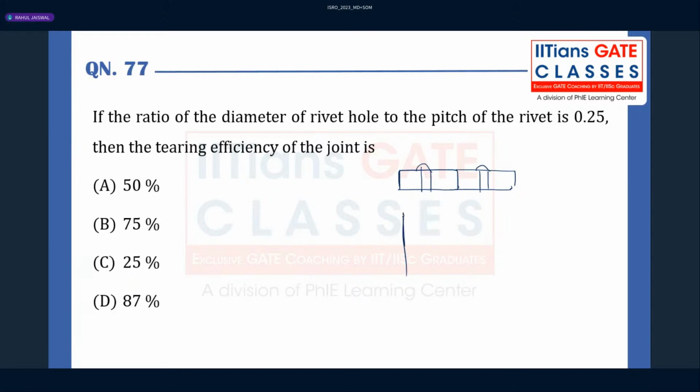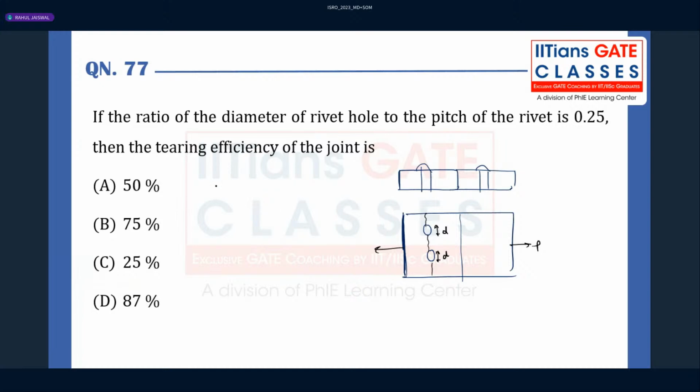Because of placing the rivet into the plate, there will be a riveting hole, and because of this riveting, the edges get cracked when we apply tensile load. Let's say the diameter of the rivet is d.